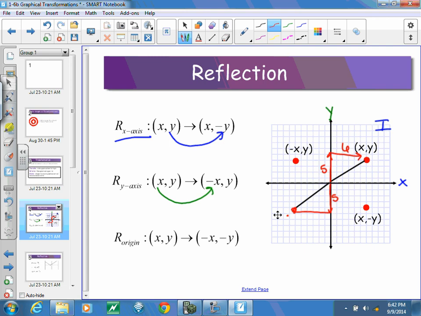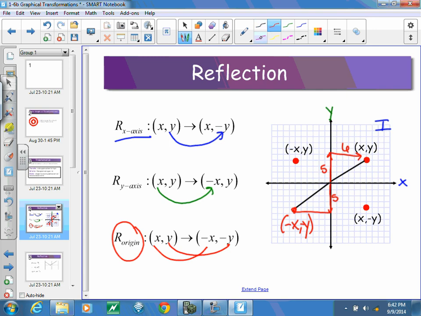And then this point right here is going to give me my reflection through the origin. And what ends up happening here is your x and your y become opposites, and they both become negative. When you do a reflection through the origin, you are actually doing a reflection over the x-axis and over the y-axis. You're doing both of those to have a reflection that's through the origin. Therefore, both the y and the x are becoming opposite of what they were.